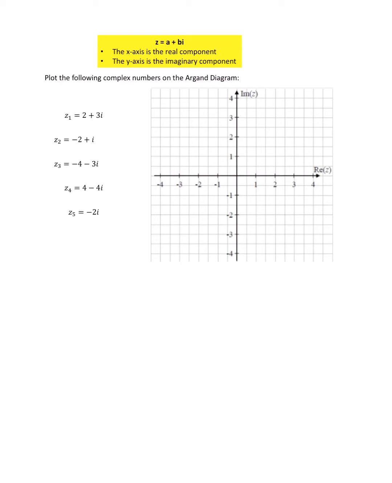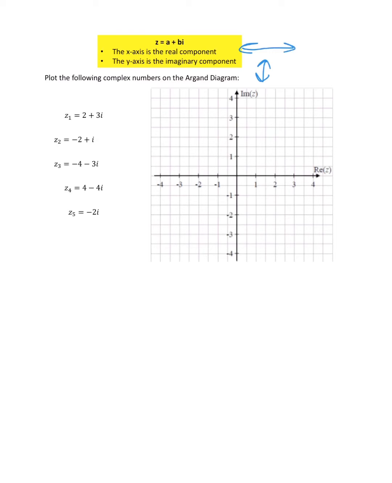If you look up here in yellow, the x-axis is the real component, and the y-axis is the imaginary component. As you know from the xy axis, the x-axis goes across and the y-axis goes up and down. So in this question we need to plot all of these complex numbers on the Argand diagram.